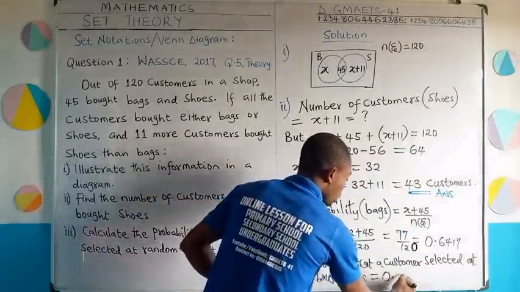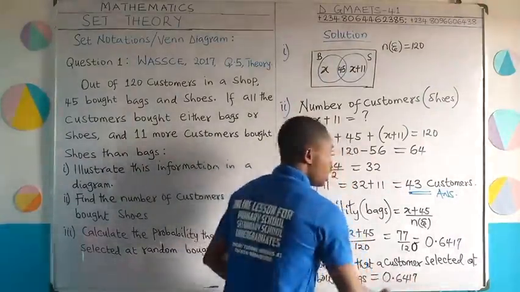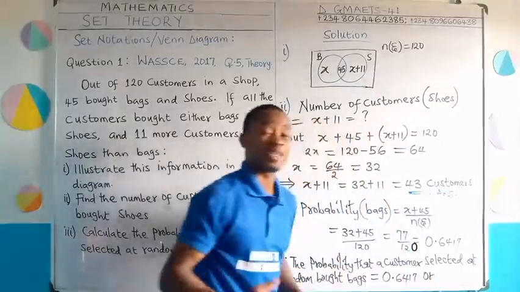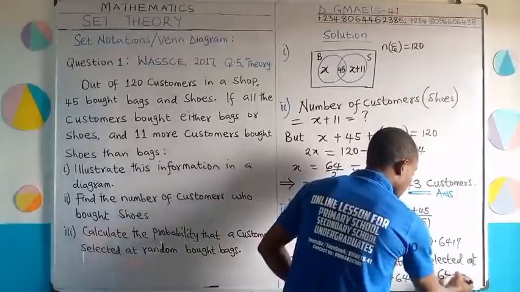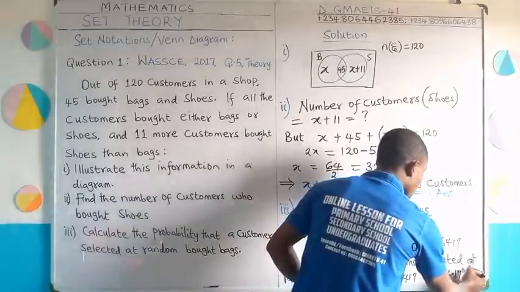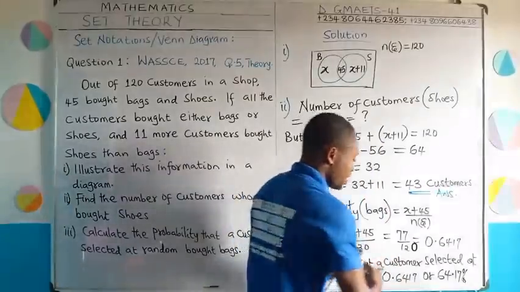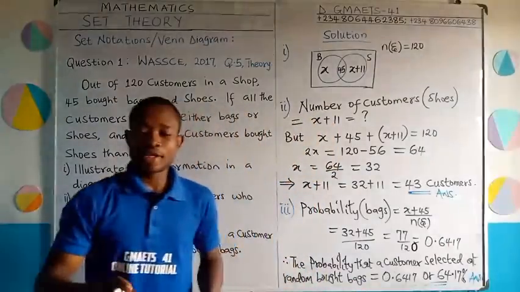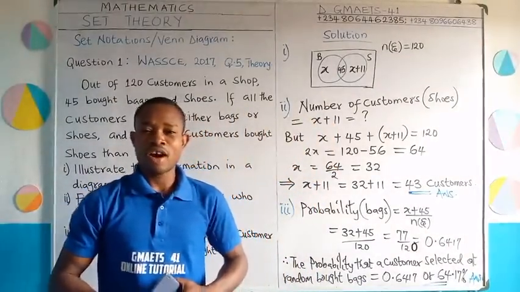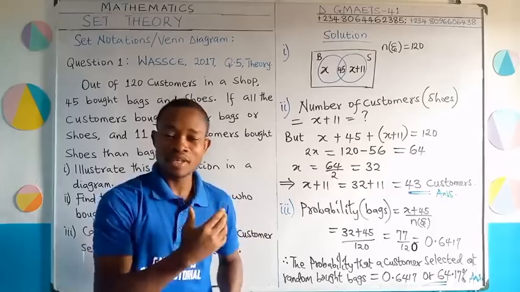So it equals 0.6417. If you like, you can translate it to a percentage by multiplying this number by 100. If you do that, you get 64.17%. And of course, that's the answer to the third part of the question. And you can see how we've used the knowledge of Venn diagram to solve this problem.